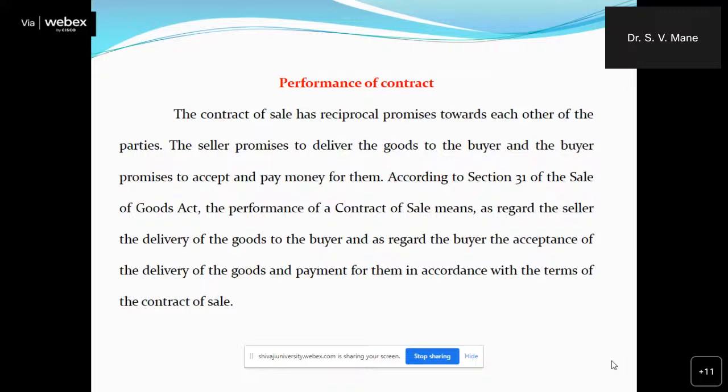According to Section 31 of the Sale of Goods Act, the performance of the contract of sale means, as regards the seller, the delivery of the goods to the buyer, and as regards the buyer, the acceptance of the delivery of the goods and payment for them in accordance with the terms of the contract of sale. So performance is also important under the Sale of Goods Act, where it has to be done by both of the parties.